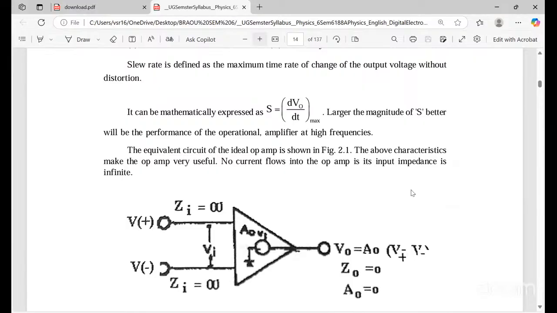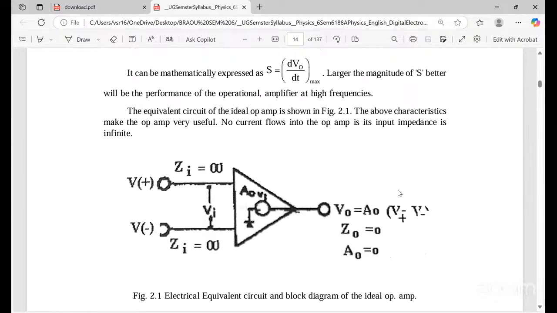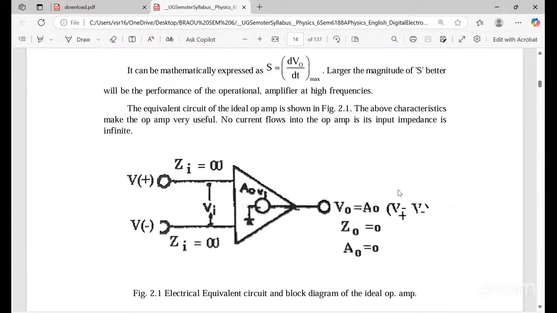The slew rate is defined as the maximum time rate of change in the output voltage without distortion. What is the mathematical expression? S is dV naught by dt. S affects the performance of the operational amp at high frequencies.